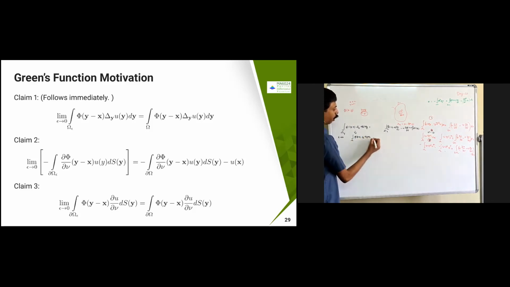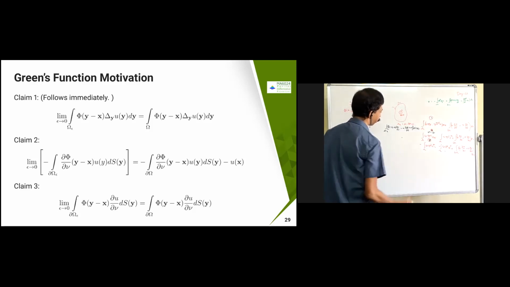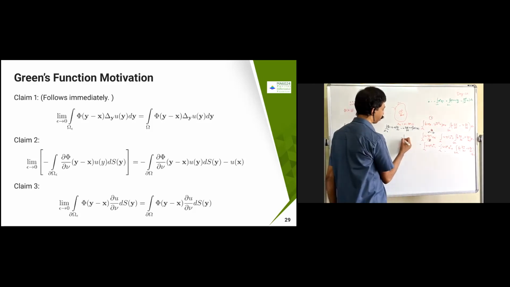Similarly, when epsilon tends to 0, claim number two is about the third expression, minus u into dou pi by dou nu of y minus x. That is going to become like minus u into dou pi by dou nu over dou omega.